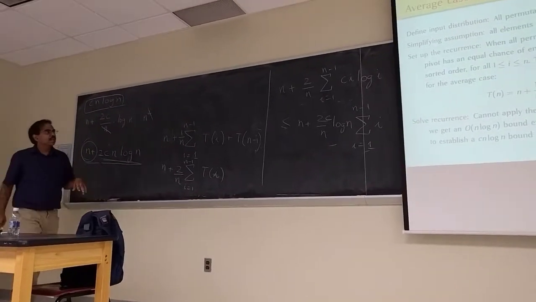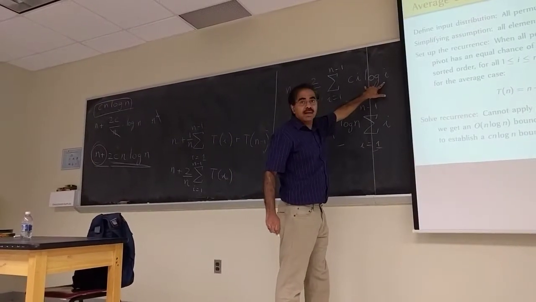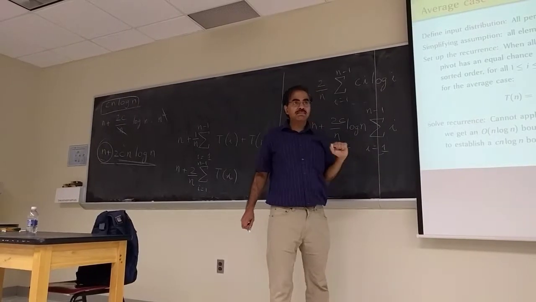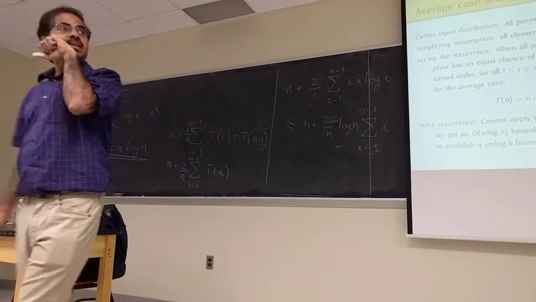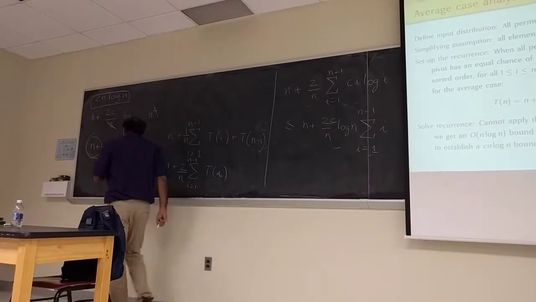The reason why it didn't work is because we did a very crude approximation here, right? We replaced log i by log n. So what can we do?